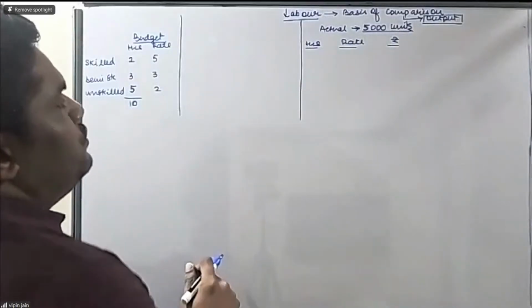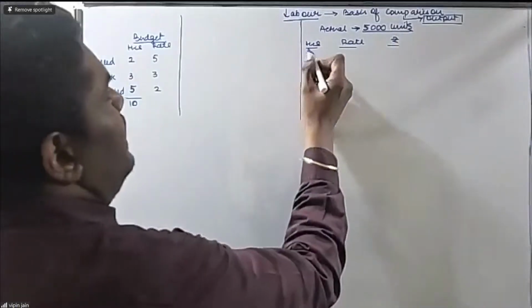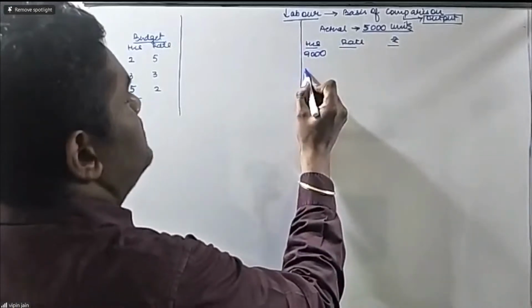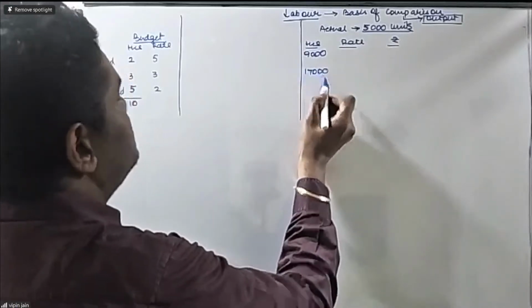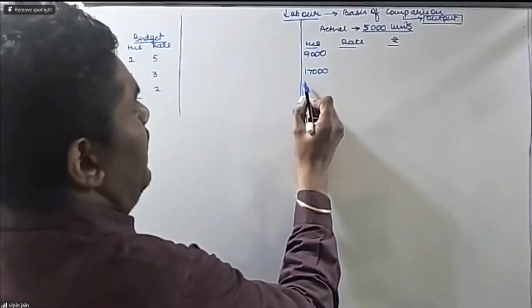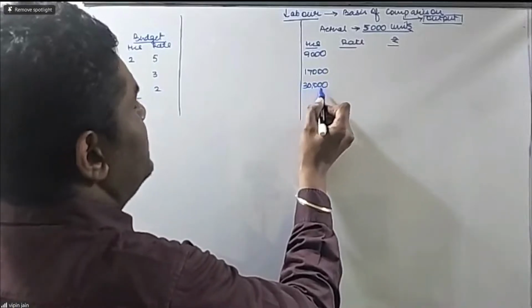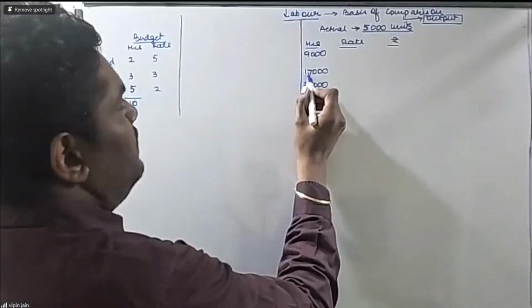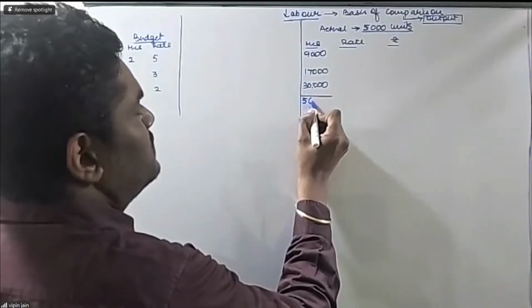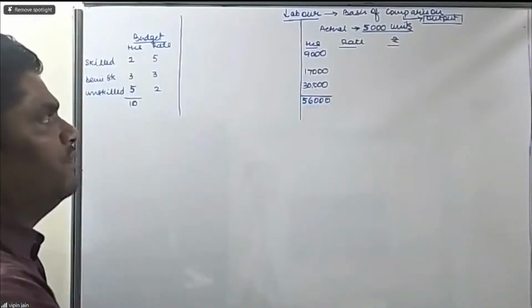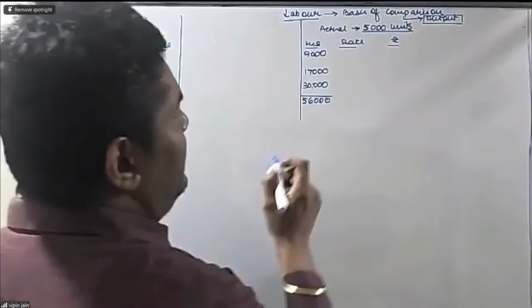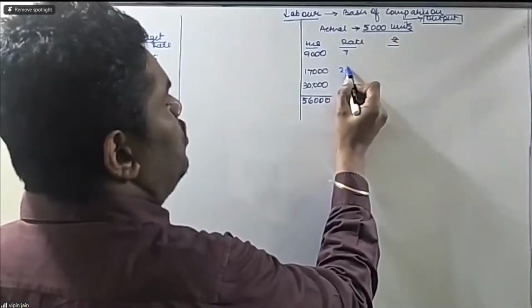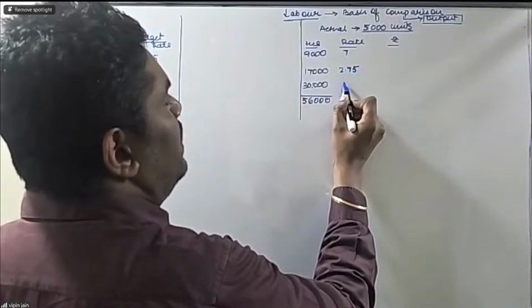So when talking about actual hours, let's say 9,000 hours of skilled, 17,000 hours for semi-skilled, and 30,000 hours for unskilled labor was used. So total it will be 56,000 hours. When talking about the rate, let's say we are paying them at the rate of 7, 2.75, and 1.5.